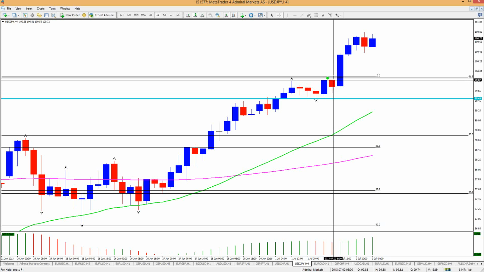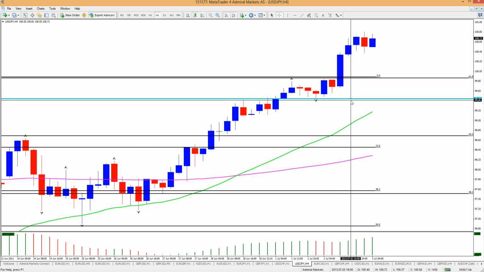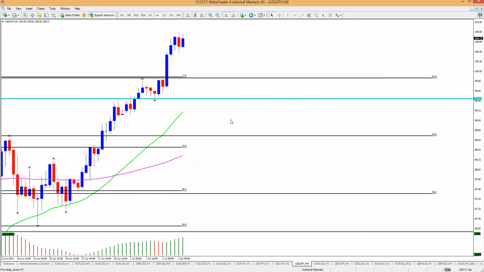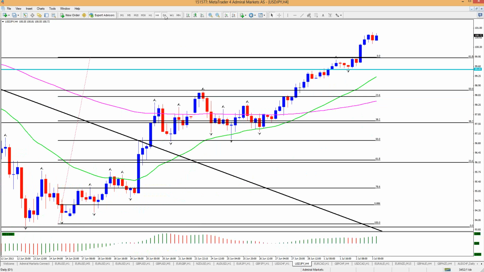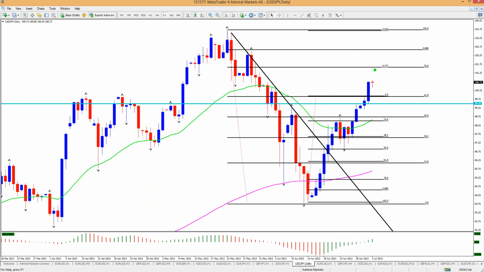An inside candle like that isn't good. So that was a big blast to the 618 with a lot of power there, and the next target could be this 786, to be honest. We stopped at the 50, we stopped at the 618. So the next one would be the 786, which is 101.50-ish.